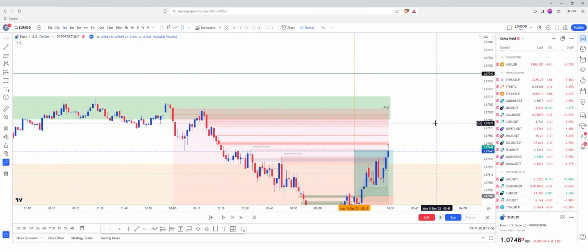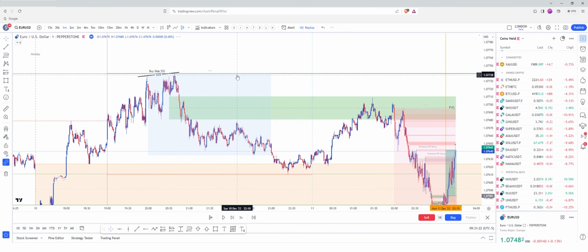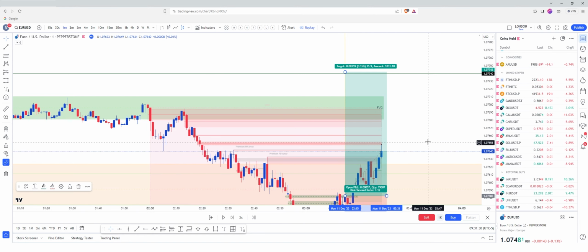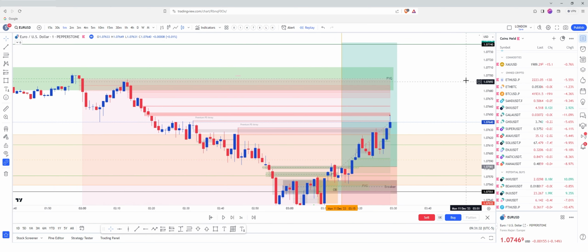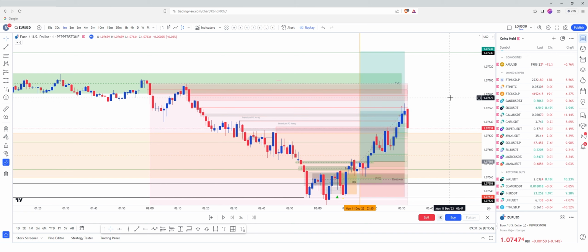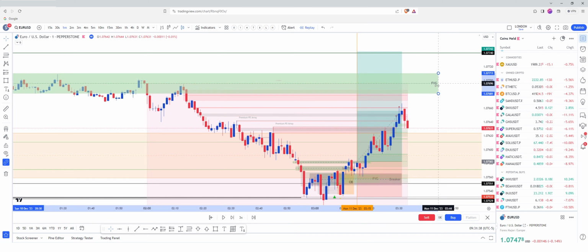I'm going to run this now, expecting Asia high to get taken, relative equal highs that we identified. Running this for a really nice 3R trade. Keep an eye on that fair value gap that we marked.